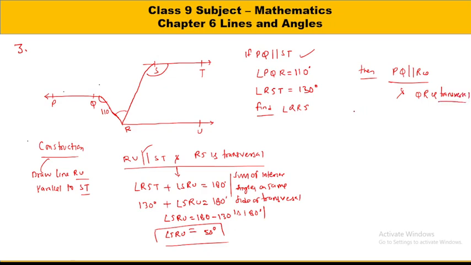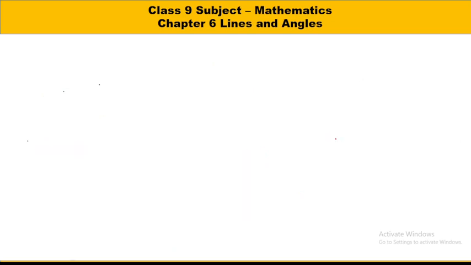So on the basis of that, we can say that angle PQR is equal to angle QRU. These are alternate angles, and these alternate angles are equal.